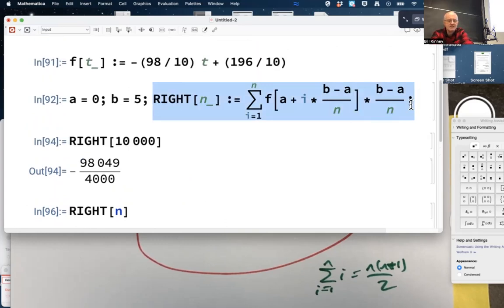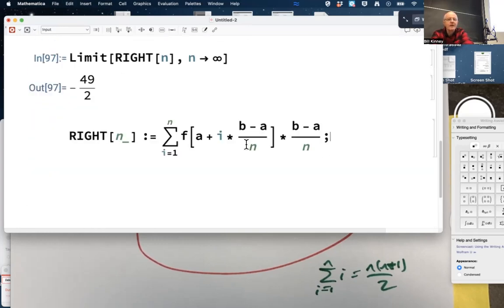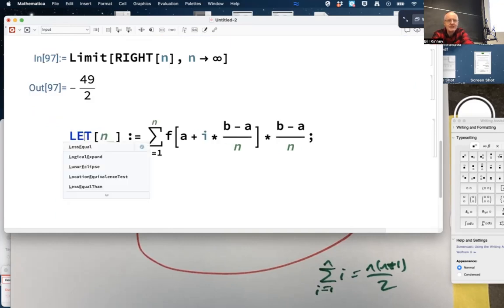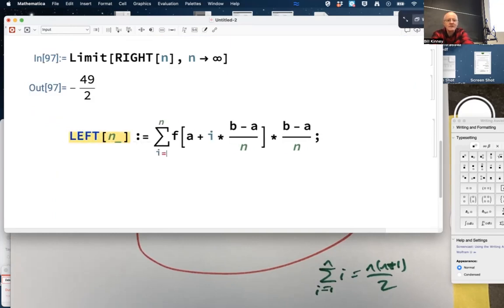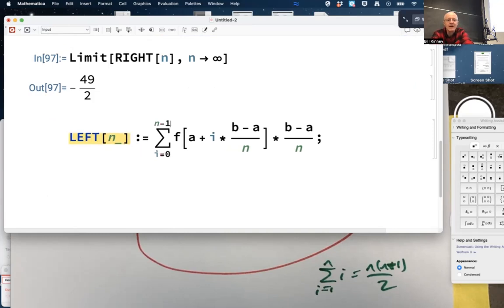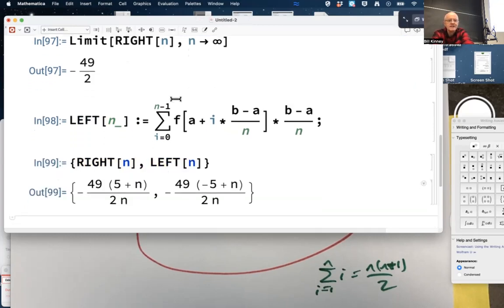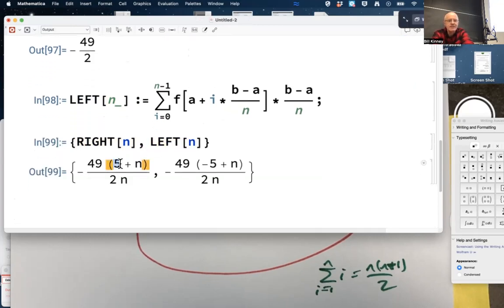How do I change things? Change the word right to left. Change 1 to 0, change n to n minus 1, and all of a sudden you've got a left-hand sum. The right-hand sum and left-hand sum are different for any fixed value of n. Different formulas, ever so slightly. This one's got a 5 there, this one's got a negative 5.